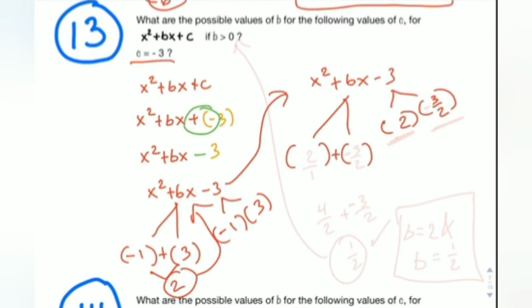Okay, there you go, 3/2. And when you add them, we have to have the same denominator. So -4/2 plus 3/2 equals -1/2. Our answer is negative.